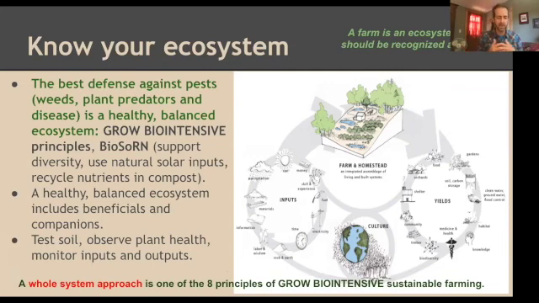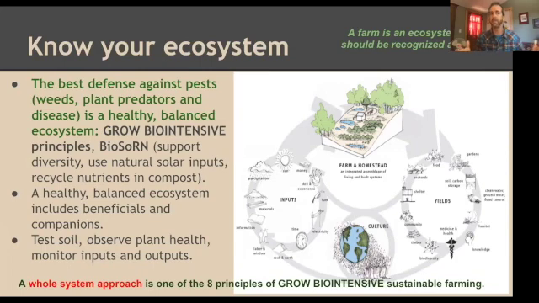And many of you talked about it really intelligently last week in our seminar. We're trying to mimic nature, and that's what it means to be an ecosystem. If we have a balanced, healthy, sustainable, regenerative ecosystem, we're likely not going to have the kinds of companions we don't want, and we're likely to encourage the kinds that we do want.